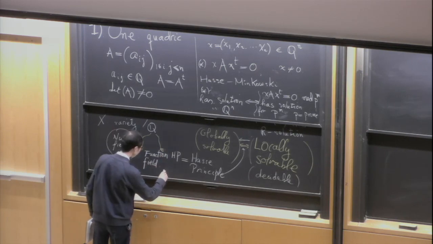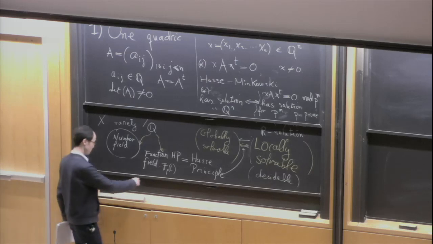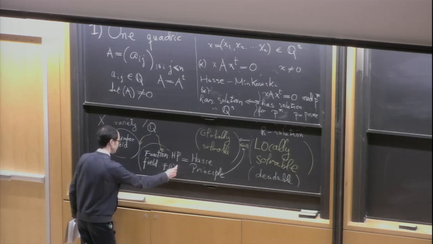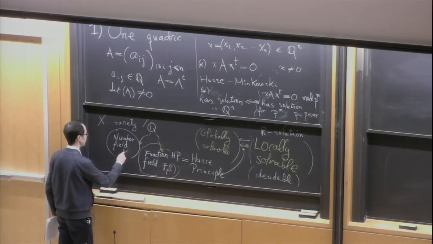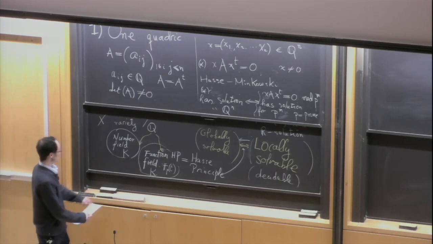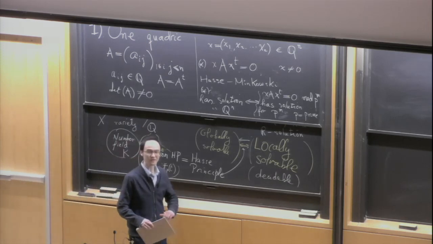In other words, a finite extension of a one-variable function field over a finite field. We will call both of these K. So it's true if you replace the rational numbers by those.